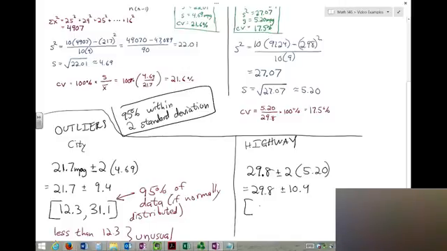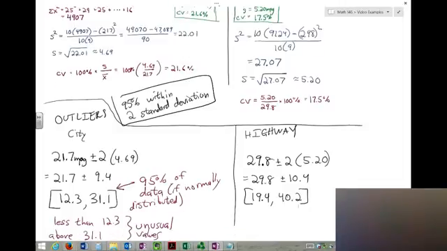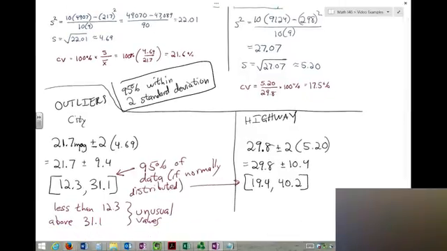So our interval here is going to be 19.4 to 29.8 plus 10.4, which is going to be 40.2. And the same thing applies. 95% of the data, if normally distributed, will fall in this range, and the unusual values are less than 19.4 or above 40.2.